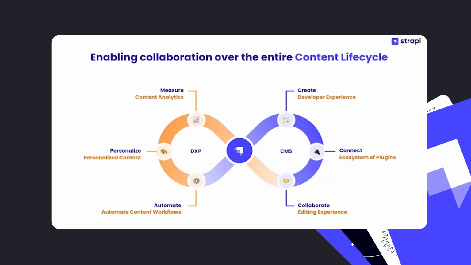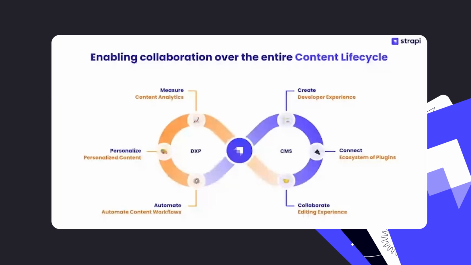And through integration with tools like Stackbit, we're also looking to take it one step further and enable collaboration over the entire content lifecycle, not just as you build your first website, but also as you try to increase lead generation, improve SEO, or improve the brand and A/B test, essentially marketing needs and concerns.